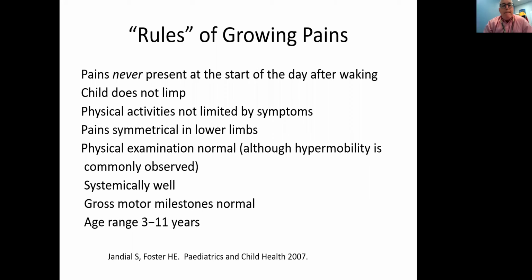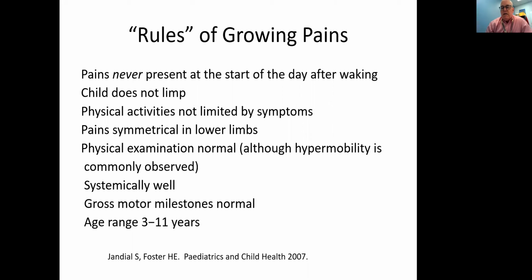So younger patients and older patients, you should be suspicious. People out in the community can see a patient like this and not order blood work and x-rays. And we might feel good about that on occasion, but generally when a patient has, quote, growing pains that are bad enough to get them to a rheumatologist, I think the CBC, an inflammatory marker, and x-rays is appropriate.